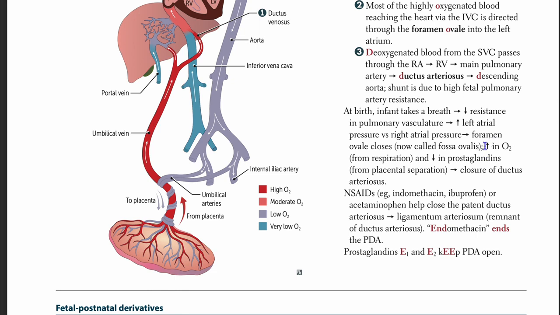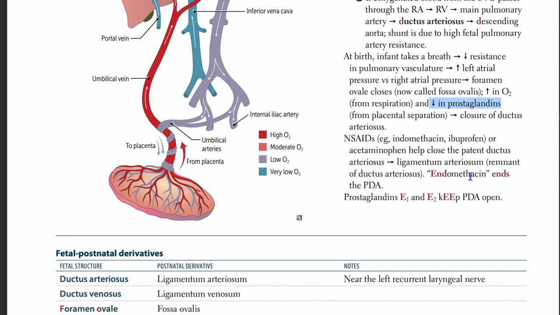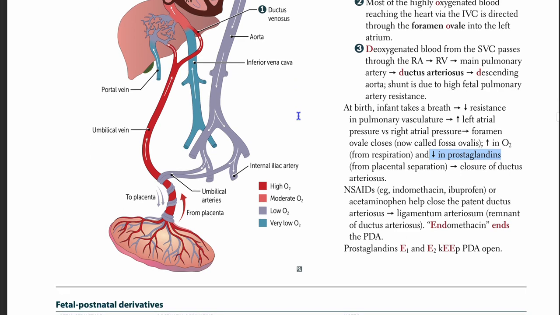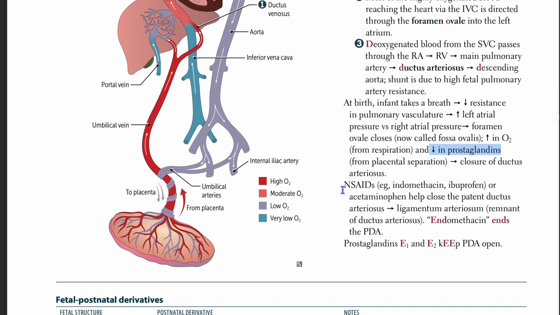You need an increase in oxygen and decrease in prostaglandins to close the ductus arteriosus. That's why if for some reason there is a patency, we give NSAIDs, for example, indomethacin, ibuprofen, or acetaminophen, which help close the patent ductus arteriosus.